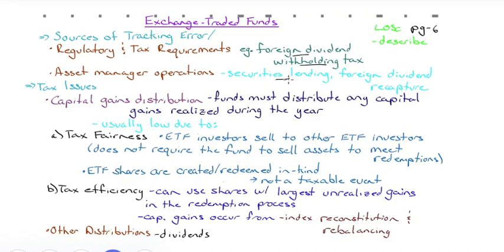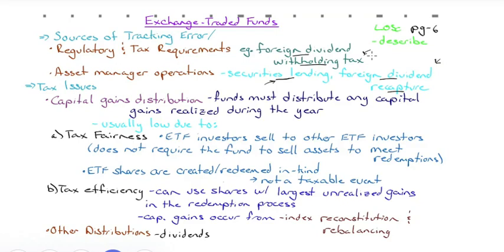This is securities lending. Sometimes the ETF dealer or the ETF sponsor will say, well, you know, since we're long-term holders of these securities, we don't mind lending them out. Well, there's income associated with that. And then foreign dividend recapture. Even though the foreign dividend can be withheld, depending on how your tax returns are structured, you can apply to the country that withheld it to have it refunded.